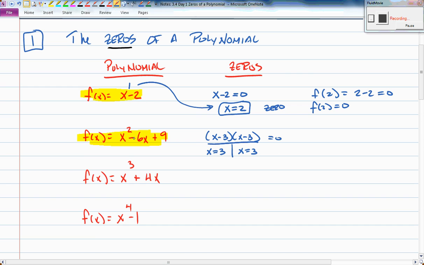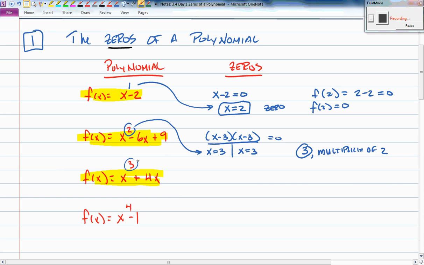So this polynomial function has a degree of 2 and it has 2 zeros, namely 3, but we say it's 3 with a multiplicity of 2. Multiplicity of 2, that just means that it happens twice. Or sometimes they call this a repeated zero. So 3 is a zero and it's been repeated twice or has a multiplicity of 2, and notice the degree was 2 there.